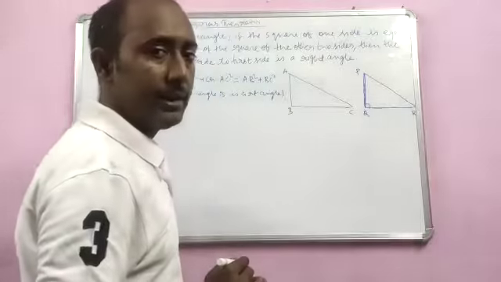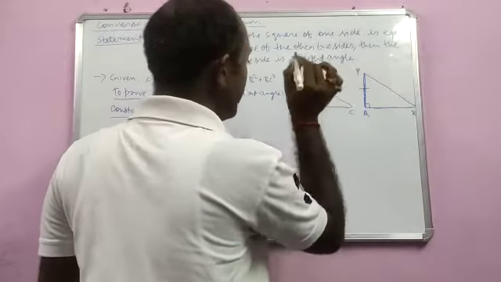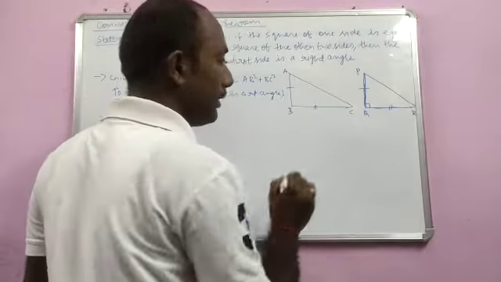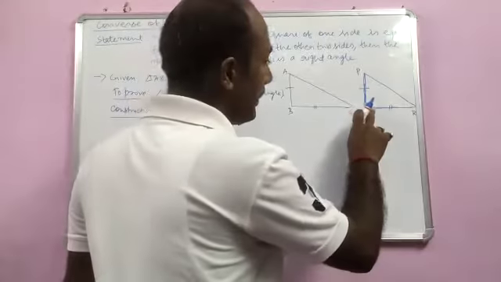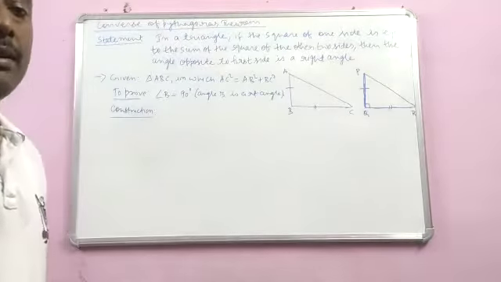So what we have done in construction part is, we have taken this side equal to this one, and this side equal to this one, and we have taken this angle Q as 90 degree. So this is our construction part.